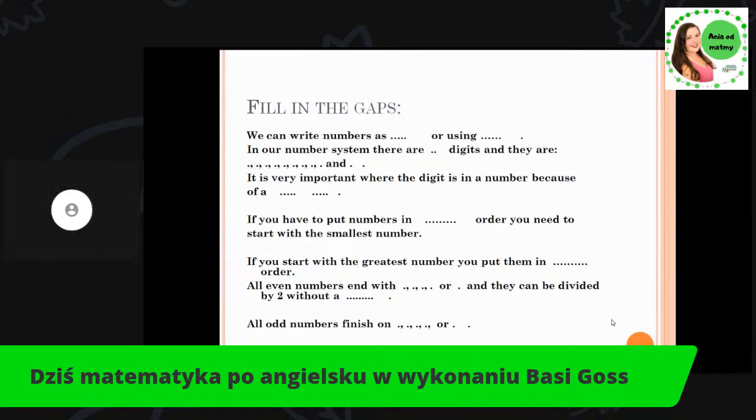Did you watch last week's lesson? Have you done the homework? Have you filled in the gaps? The words for filling in the gaps were from last week's lesson, and the lesson was about numbers.